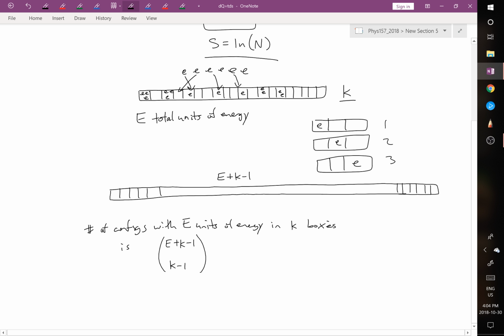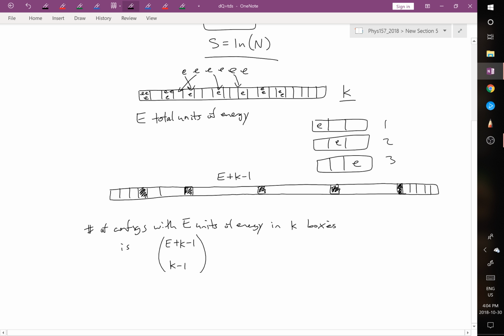Okay, so how do I see that? Well, I've drawn E plus K minus 1 boxes up there, and now I'm going to choose K minus 1 of the boxes, and I'll color them in black. So why is that useful?